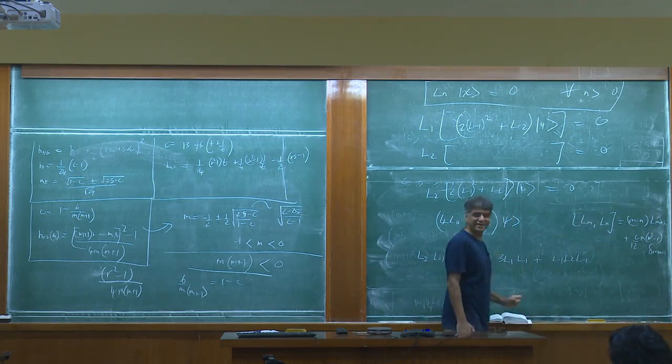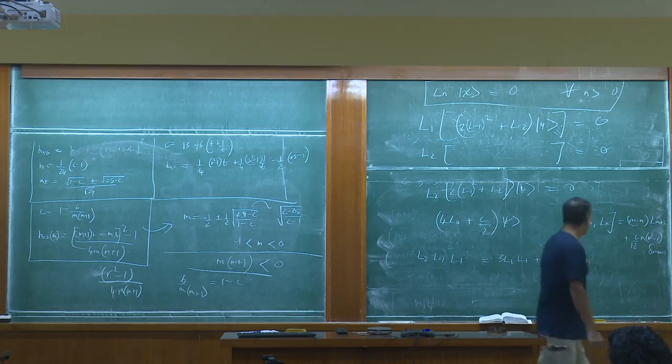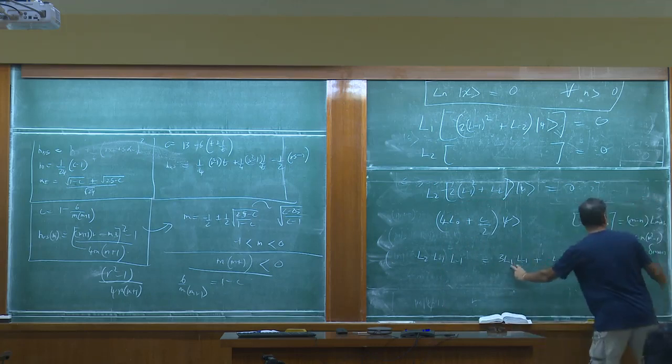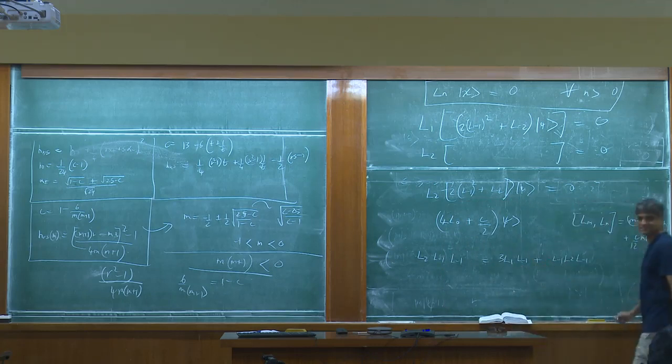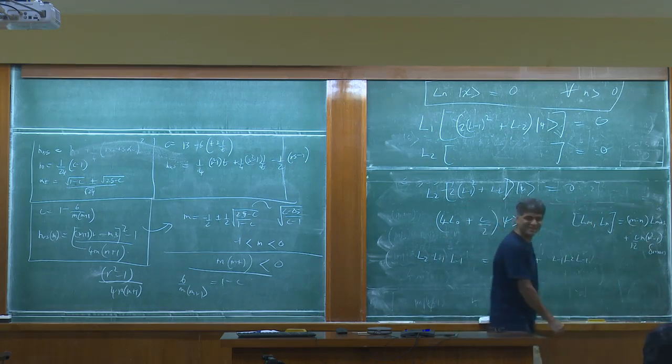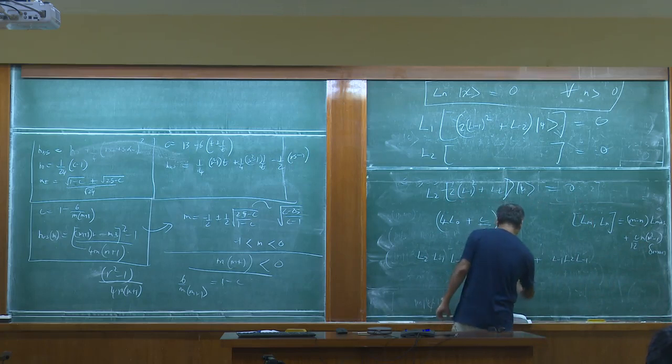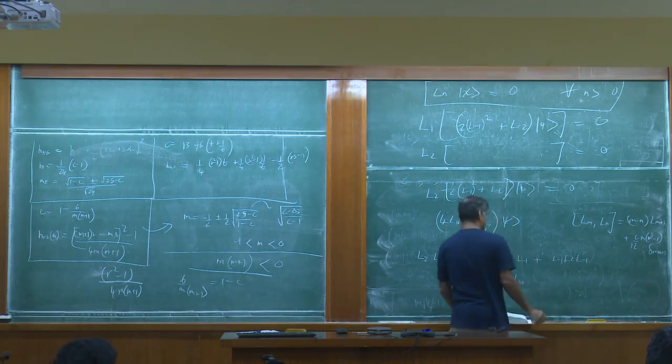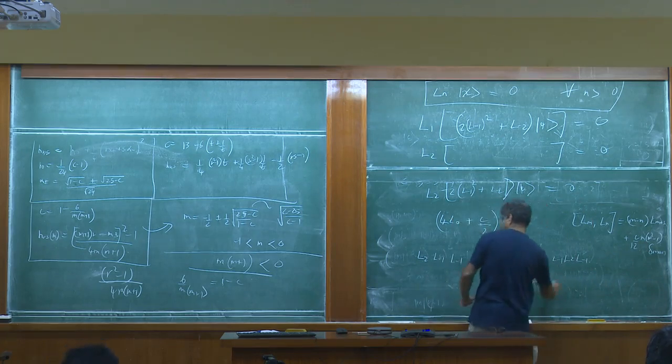So we have still to take this guy through this guy, but when we take this guy through this guy, we just pick up 2L0 plus 0 because M was 1. So we get 3 into 2L0, 6L0, L0 on psi.